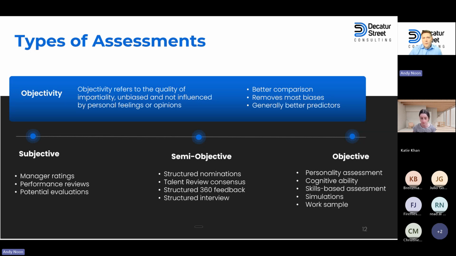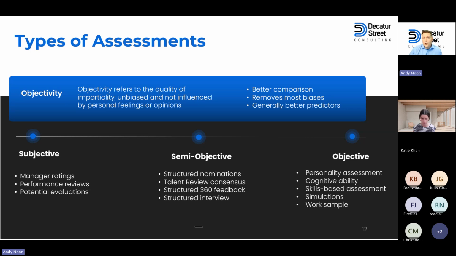And then we all do potential evaluations, right? So what's their level of potential? Are they high potential, moderate potential, low potential? And I'm going to show you in a slide coming up that that is as subjective as it potentially gets. Then you have some things that you're maybe bringing into your process that start to get a little bit more objective.